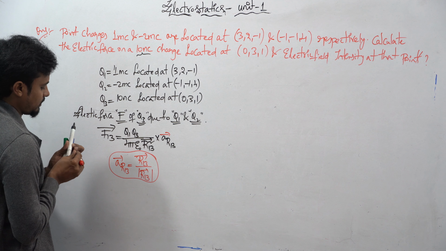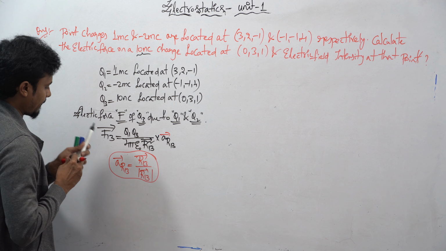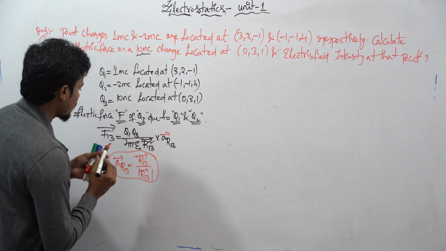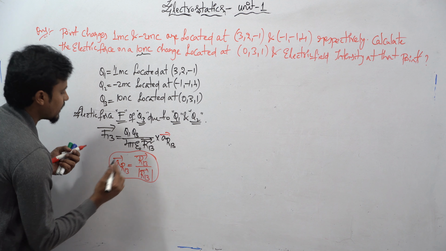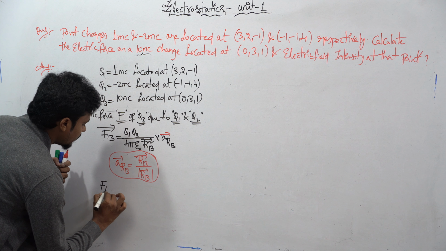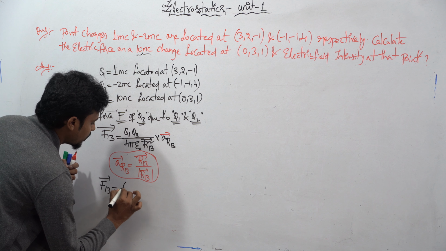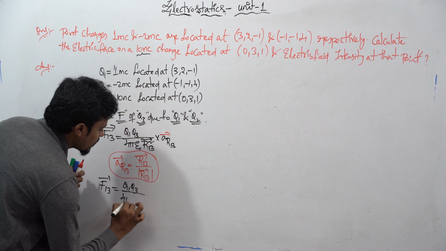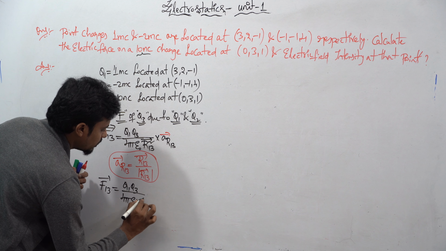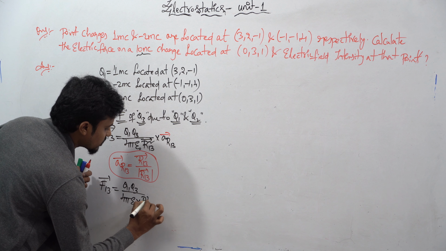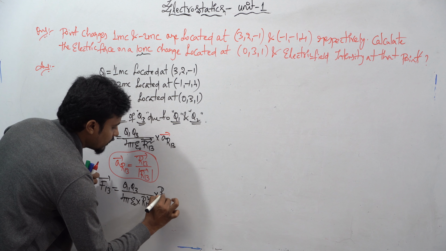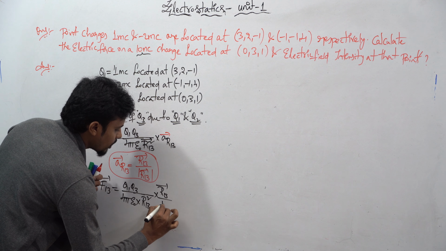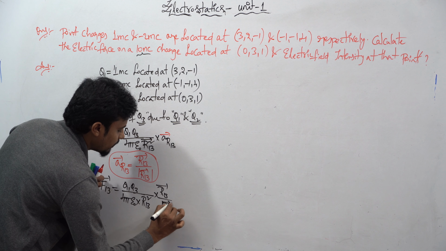Next step, now substitute this unit vector in here. F13 bar is equal to Q3 divided by 4 pi epsilon naught into R13 square into R13 bar divided by the modulus of R13 bar.